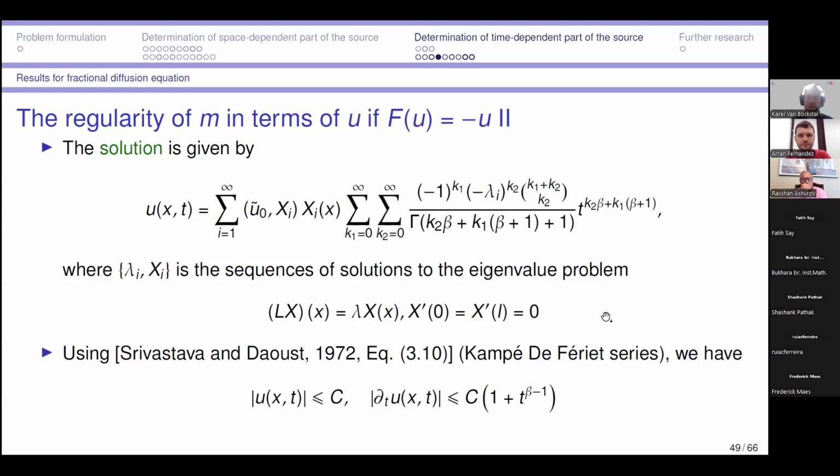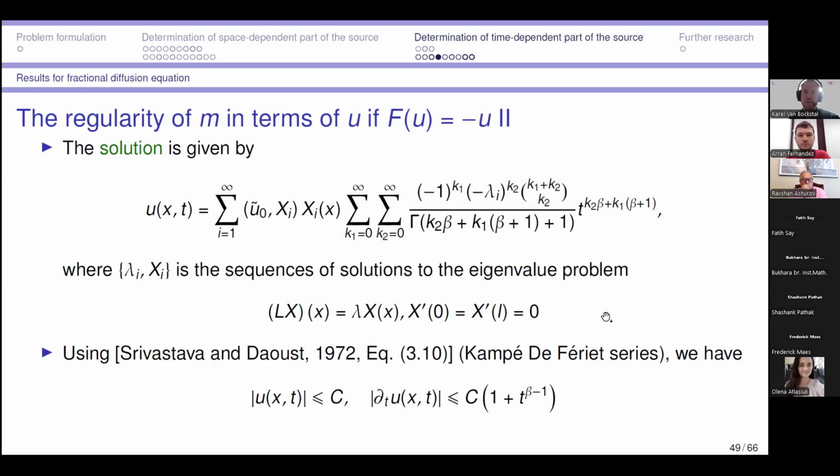Also in that paper there is uniform boundedness. In fact, I extended some paper with doctoral student Frederik Maas, and we made some estimate on the multivariate Mittag-Leffler function.